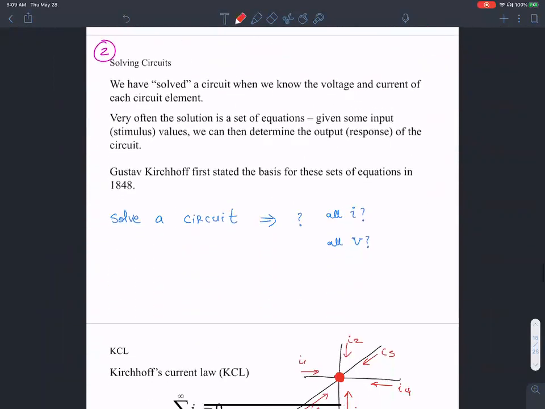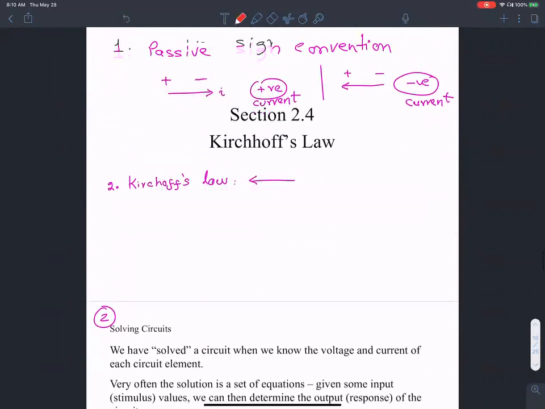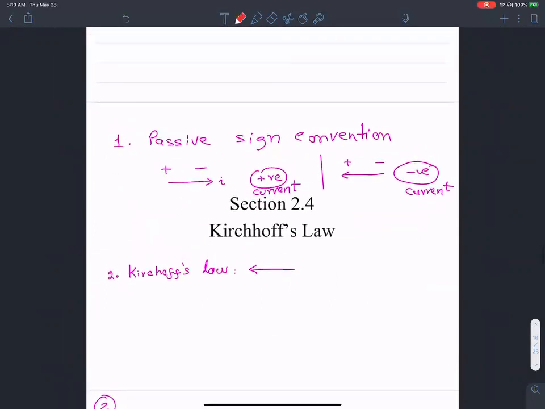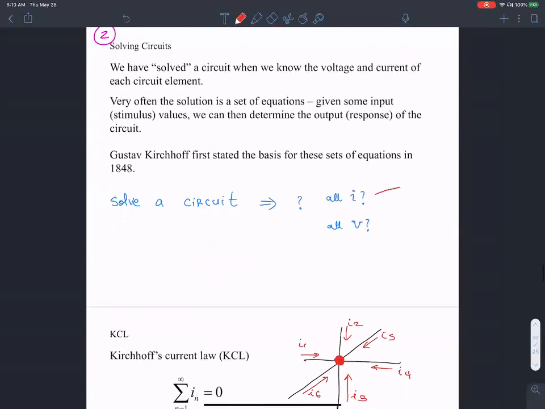And the other thing that we discussed is the idea of Kirchhoff's current law and Kirchhoff's voltage law. I told you this class is all about getting a set of tools to solve a circuit. When I say solving a circuit, I mean finding all the node voltages and all the branch currents.